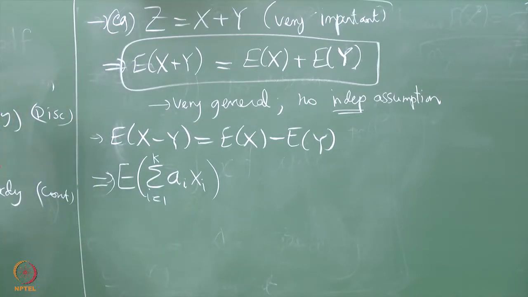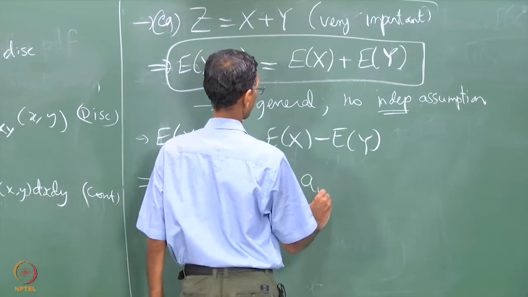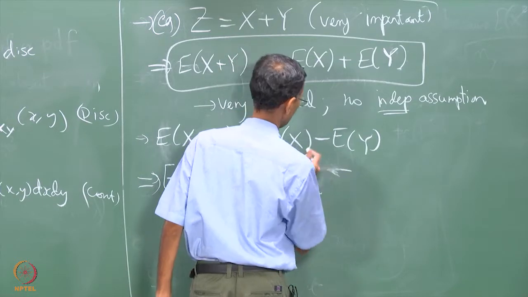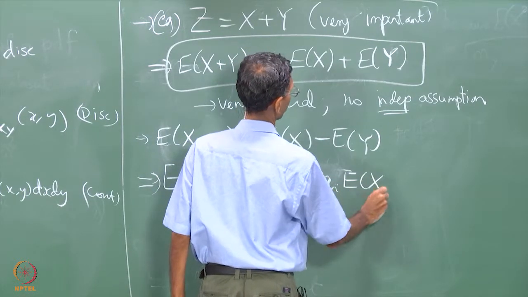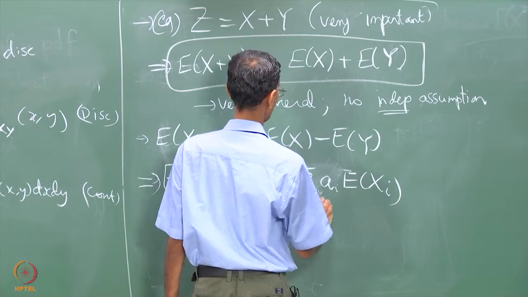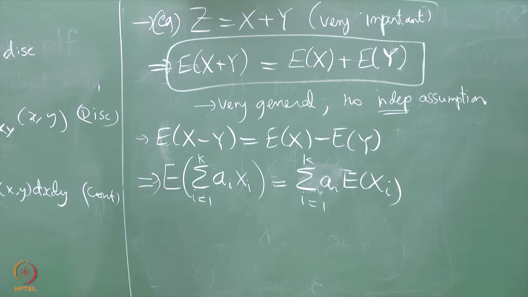They can be dependent, independent, I don't care. So E of the sum of a_i X_i will be equal to this weighted combination.